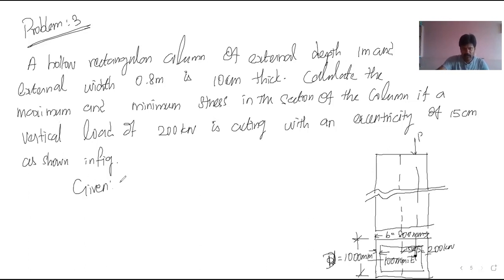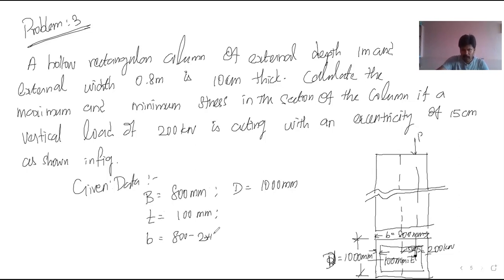So first, given data: capital B is equal to 800 mm. Similarly, capital D is equal to 1000 mm. Thickness T is equal to 100 mm. So if I deduct this thickness, I can get the inner breadth. So 800 minus 2 times 100 becomes 600 mm.